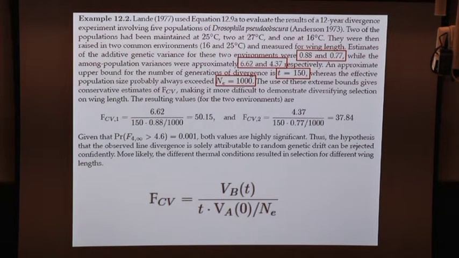Remember, the 5 populations raised consist of 2 that were raised at 25 degrees for 12 years, 2 at 27, 1 at 16. Then after that 12 years, you put all 5 back in the common environment and measured them both. So there's significant evidence of divergence in excess of what you expect from drift. Right? So really simple application of this for laboratory populations. So that's Lande's constant variance test.